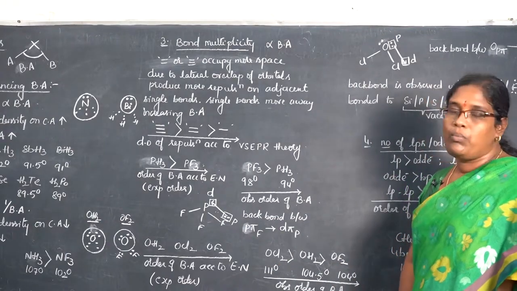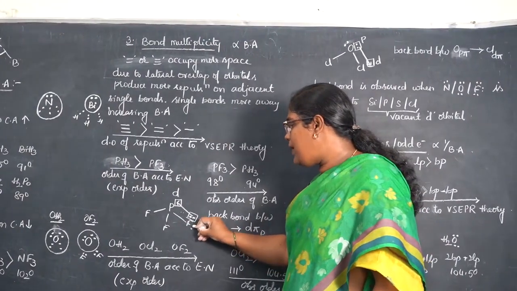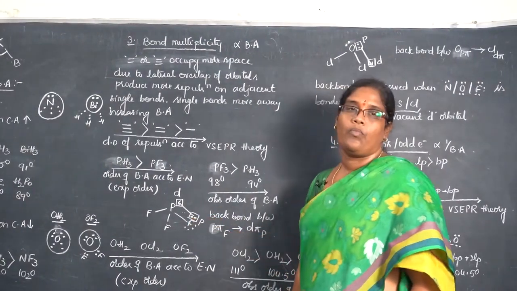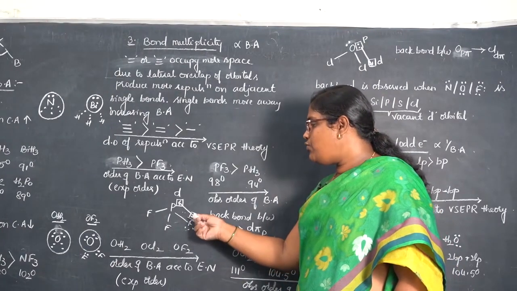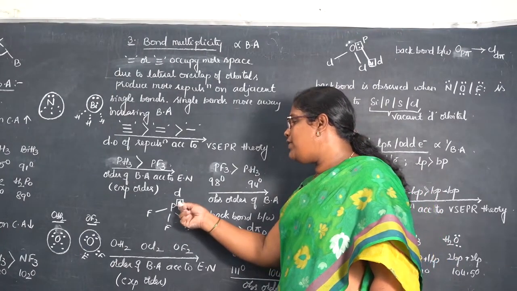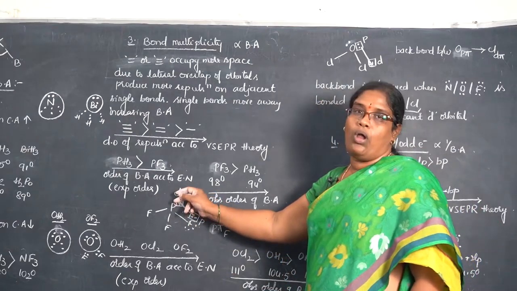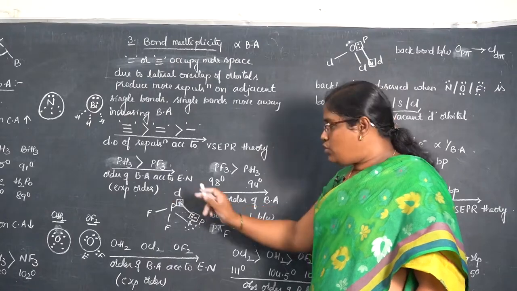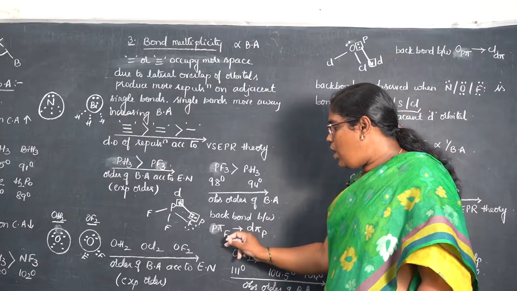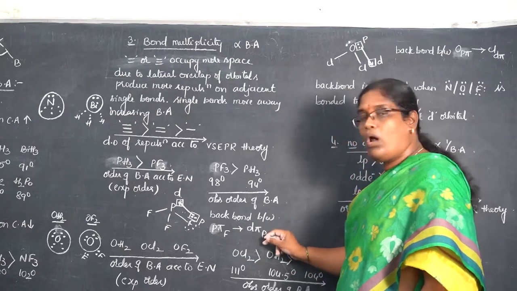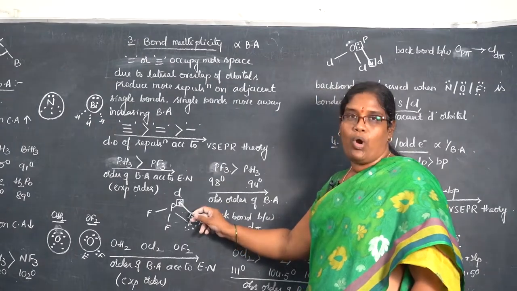So how is this back bond formed? Fluorine has 3 lone pairs of electrons. To minimize the repulsions between lone pairs, fluorine transfers one of its lone pairs of electrons to the vacant d orbital of phosphorus. So we have the back bond between the p orbital of fluorine and the d orbital of phosphorus, and this bond is nothing but a pi bond.